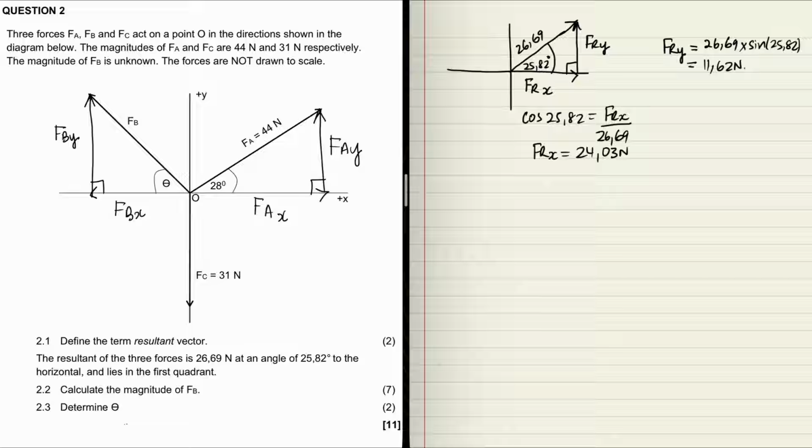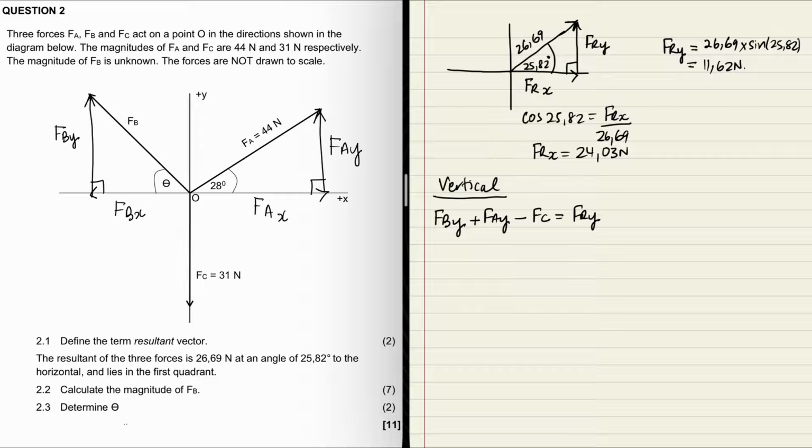Now because FBY and FAY are both acting upward and FC is acting downward, I'm going to subtract FC from the sum of FAY and FBY. I can say here that the vertical, now I'm looking at the vertical forces, it's going to be FBY plus FAY minus FC, and that's going to equal the vertical component, so FRY.